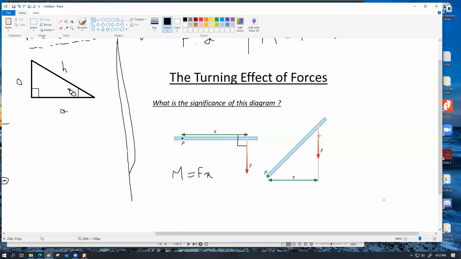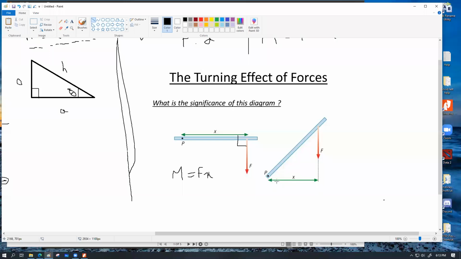But in this case, if I extend this further back and try to join lines over here, I'm going to get more and more obtuse angles. So none of them are going to be perpendicular. The only way you can draw a perpendicular is if we extend the force downwards, for this figure. We did that, and then we could find the perpendicular distance from the pivot to this point.